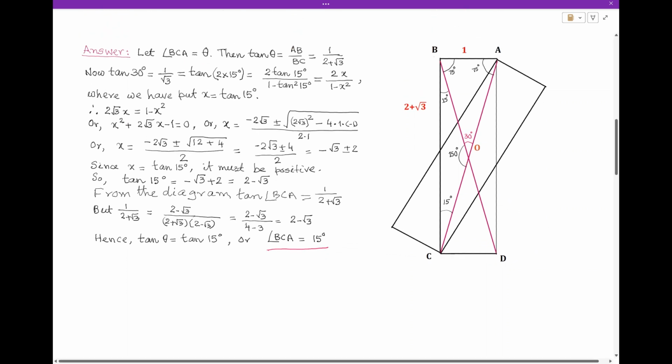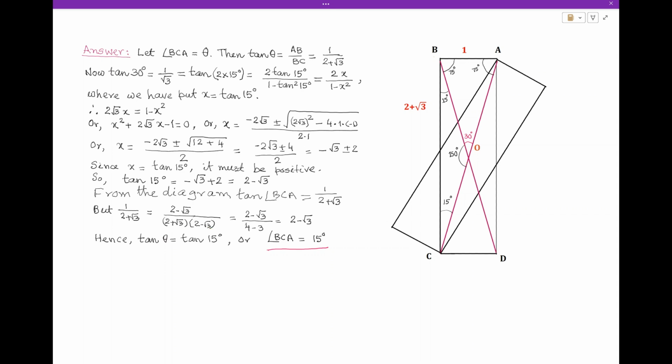We have earlier found that tan BCA, or tan theta, is equal to 1 by 2 plus square root of 3. But 1 by 2 plus square root of 3 can be simplified further by rationalizing the denominator, that is, by multiplying both the numerator and the denominator by 2 minus square root of 3.